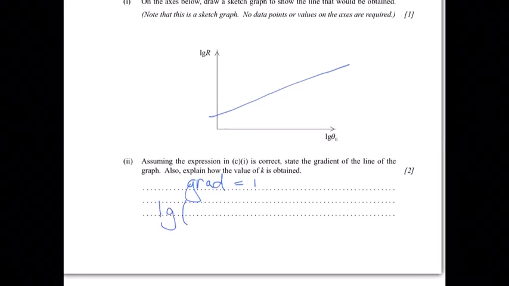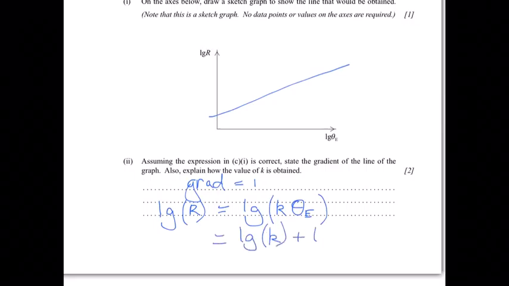So we've done log of R equals log k theta E. But the rules of logs allow us to separate this out into two expressions. That becomes log of k plus log theta E, which means that the intercept of our graph should be equal to log k.